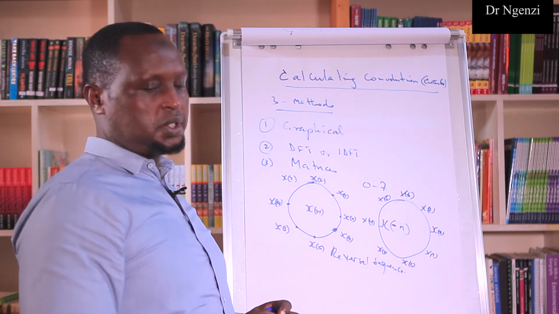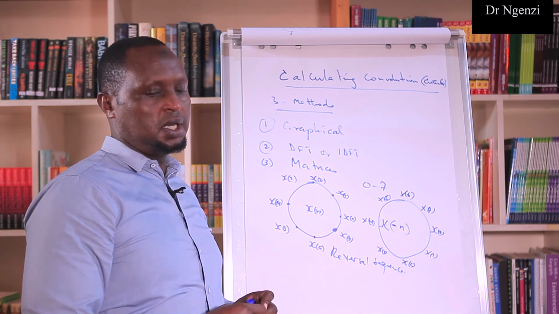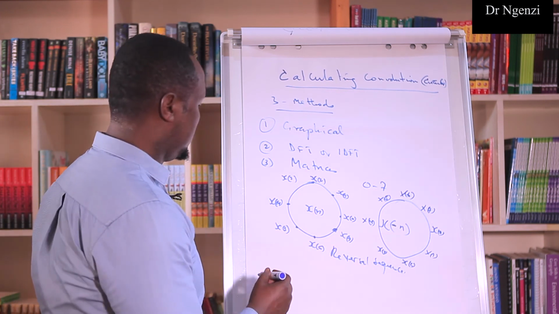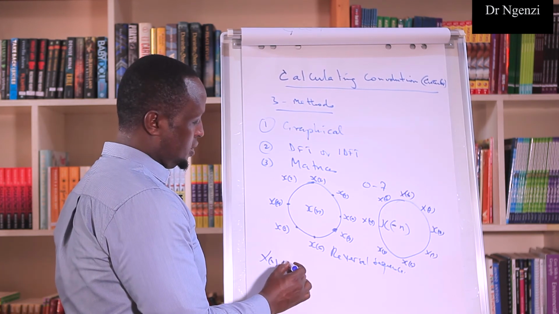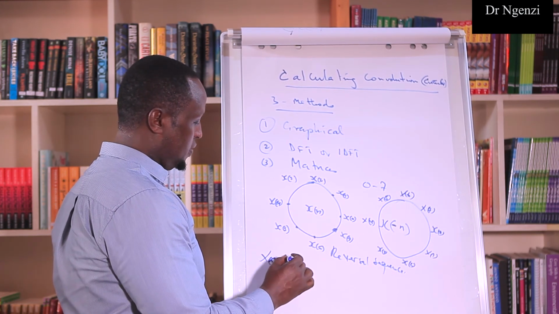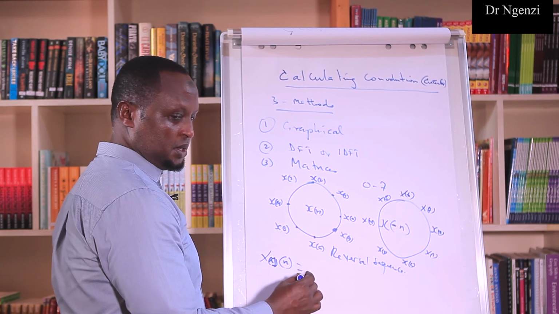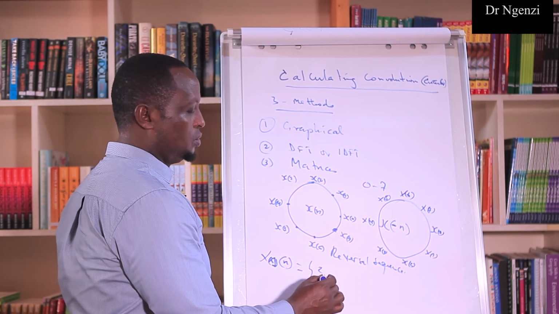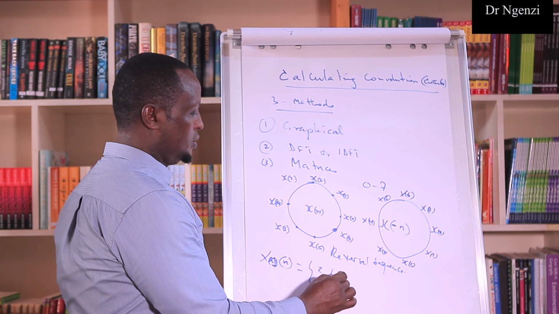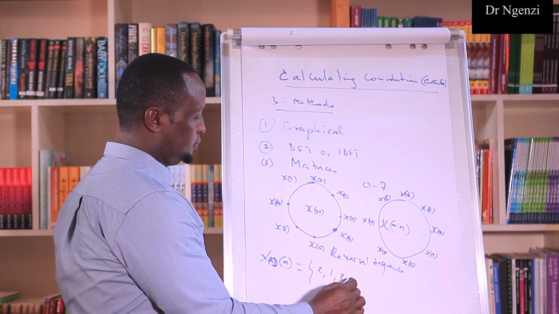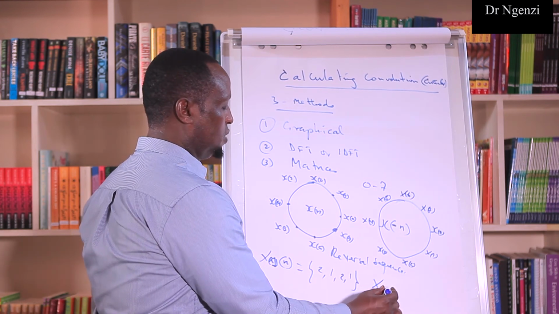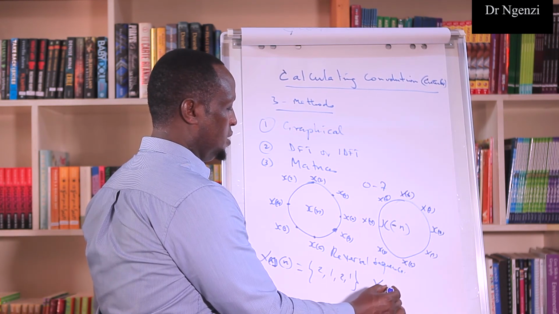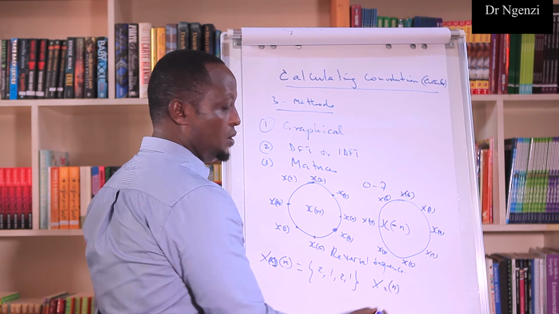Suppose we have two signals, the sampled signals. x1 of n is going to be 2, 1, 2, 1. And we have x of 2. Now we are going to see the circular convolution of the signal.